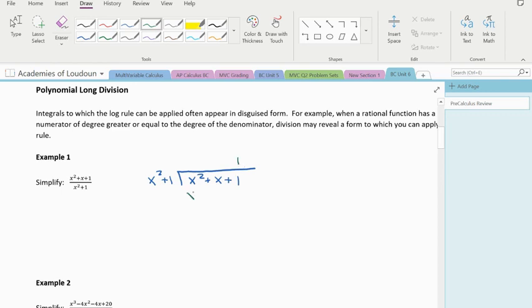So we have then x squared plus 0x, because there is no x term, plus 1. And then we're going to subtract this. So we end up with an x as a remainder, which means this rational function can be simplified to 1 plus x over x squared plus 1.